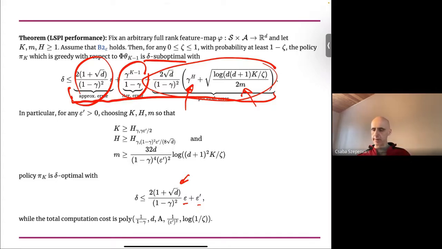Then the cost of controlling that is going to be polynomial in the horizon, in the dimension, the number of actions, the inverse of this error, don't need to square that, and log 1/delta or whatever, which is like this inequality holds with probability 1 minus delta.